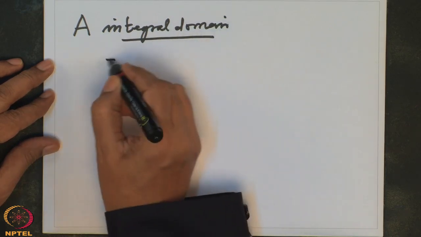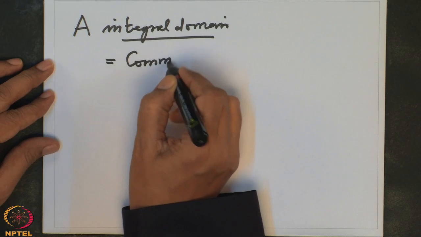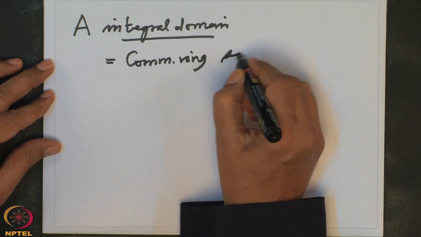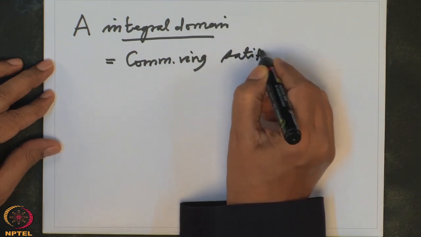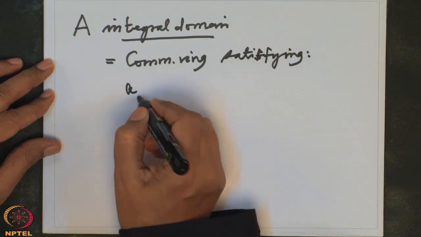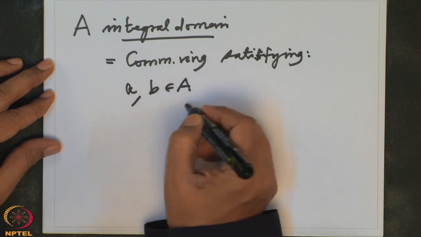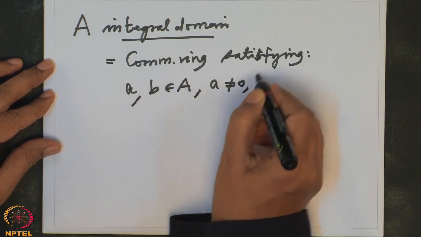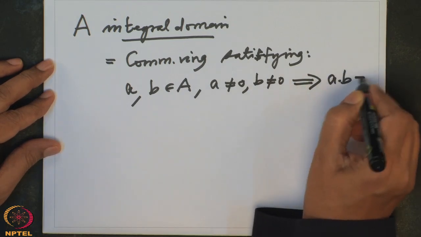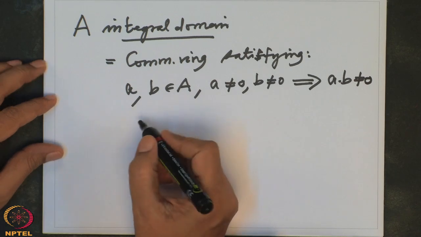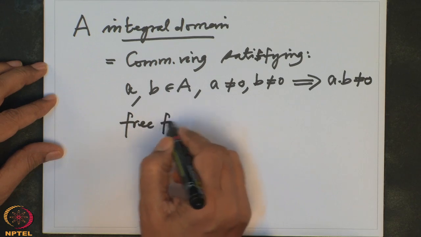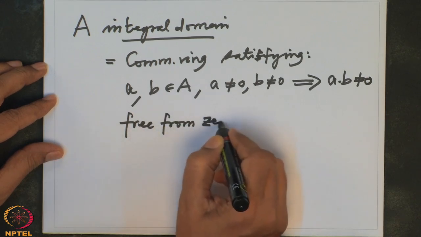It is a commutative ring satisfying the property that whenever I have two non-zero elements A, B in the ring, both non-zero, then their product should be non-zero. This is also said to be free from zero divisors.